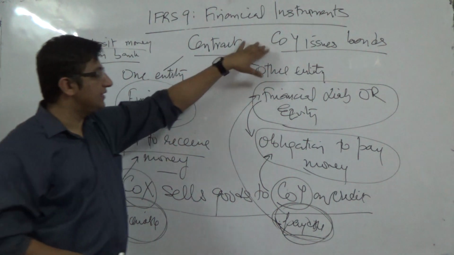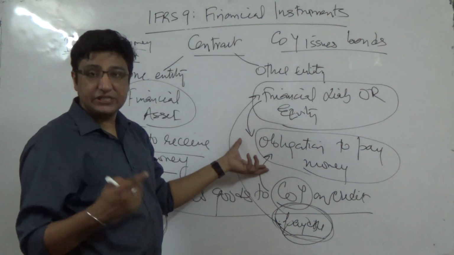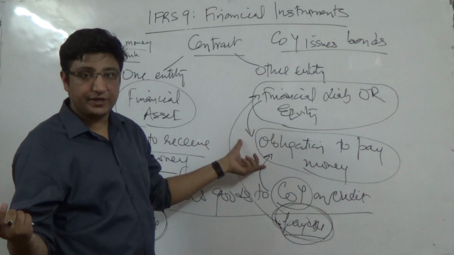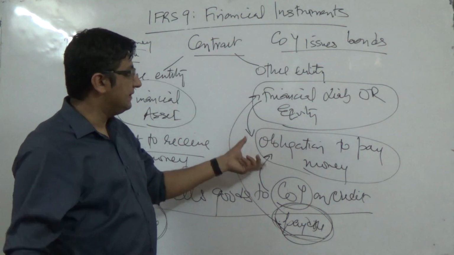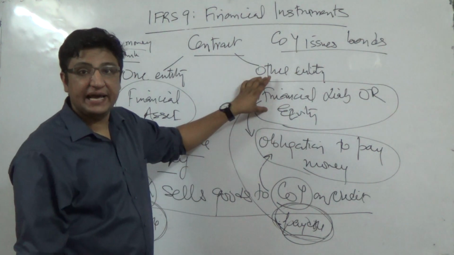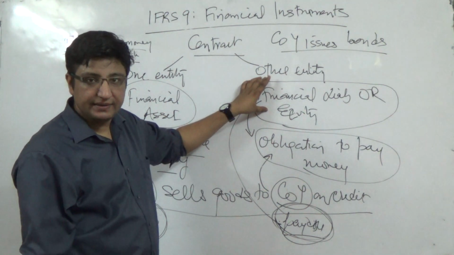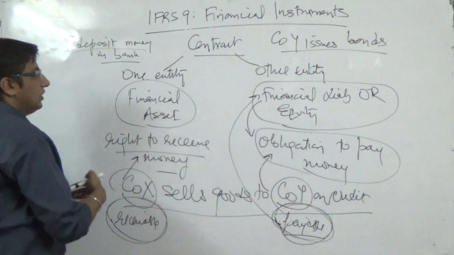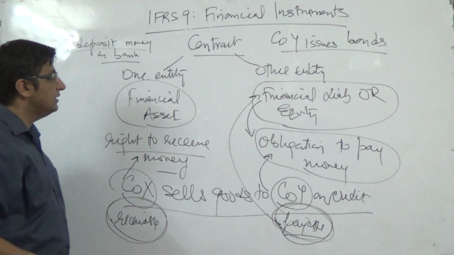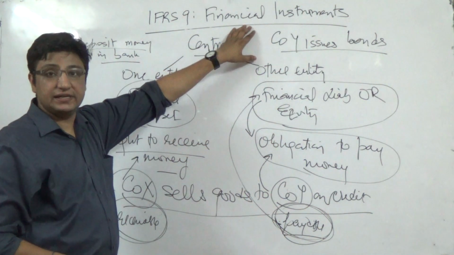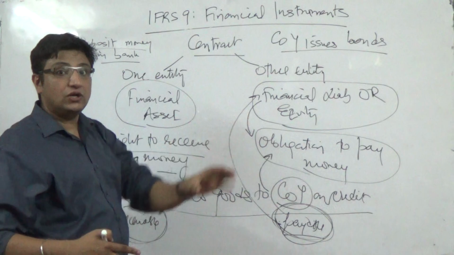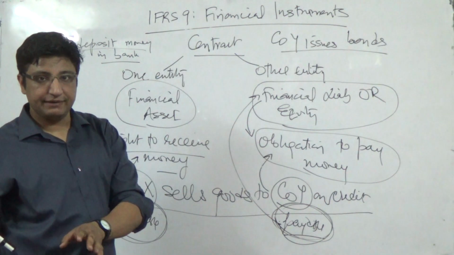For company Y, on the other hand, it's an obligation to pay money at the time of maturity, right? And that is where it becomes a financial liability. Are you fine with that? So you would come across a lot of situations and scenarios where you would see that it's a financial instrument even though you did not know it.